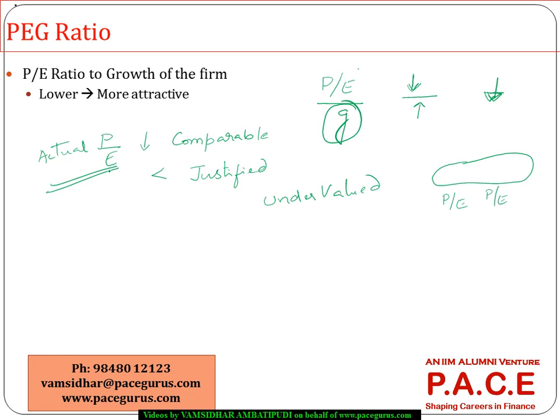In the future, the P/E is expected to come down. In the same way, if the required rate of return is very high because the risk is very high, we should not just restrict ourselves to comparing the actual P/E with the justified P/E. Think of the growth.